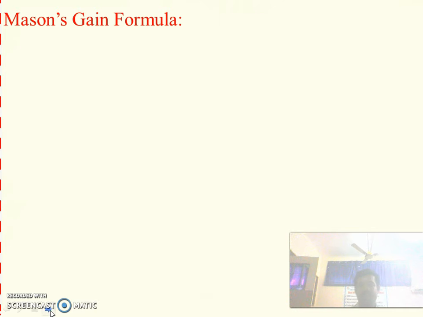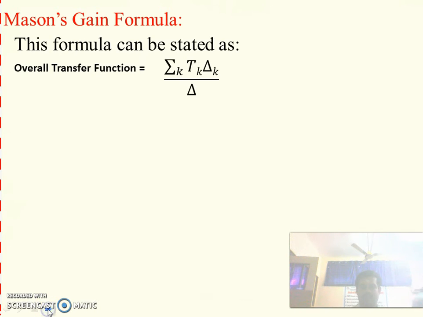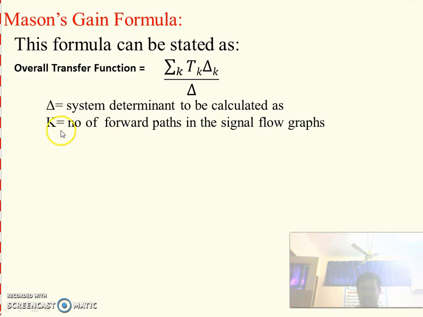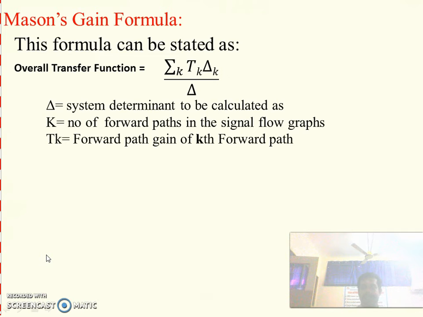Now we are using Mason's gain formula. What is Mason's gain formula? The overall transfer function is equal to the sum of Tk delta k divided by delta. Delta is the system determinant. k is the number of forward paths in the signal flow graph, and Tk is the forward path gain of the kth forward path.